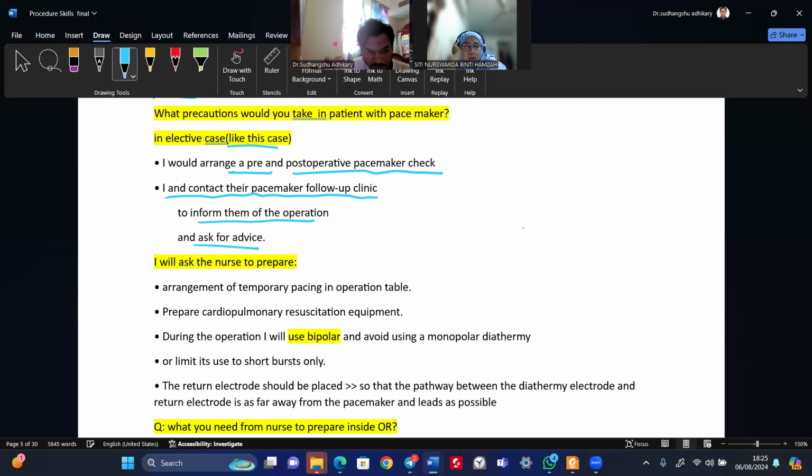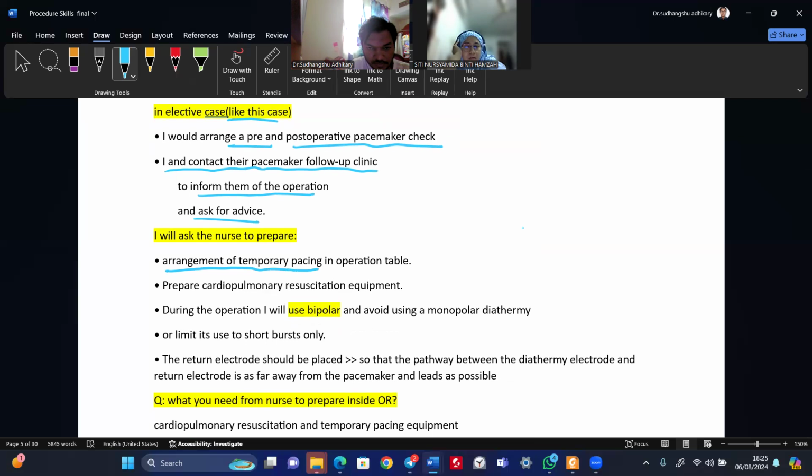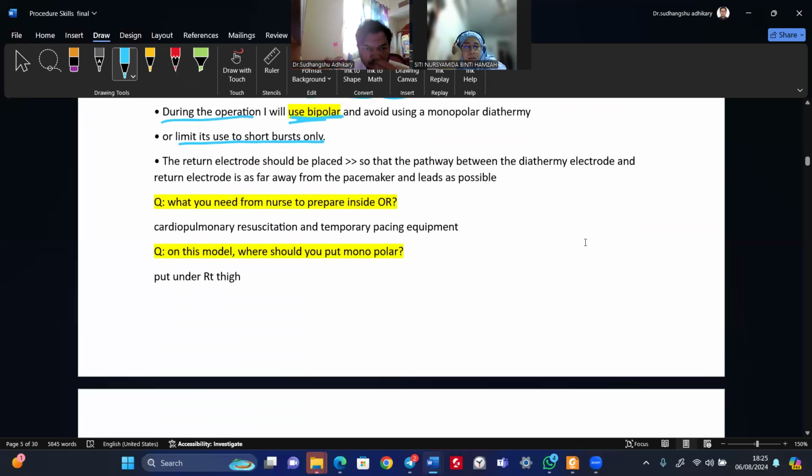In OT, we ask the nurse to prepare arrangement of temporary pacing on the operation table and prepare cardiopulmonary resuscitation equipment. During operation, use bipolar instead of monopolar, and if monopolar is needed, limit to short bursts only. The return electrode should be placed so that the pathway between the diathermy electrode and return electrode is as far away from the pacemaker and lead as possible.